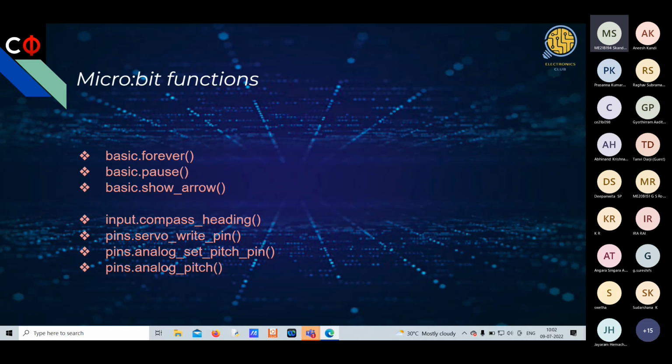So basically, before the dot, whatever has been given is your object, the object on which these functions apply. Basic is an inbuilt object of the language that pertains to your microbit board. Pins is an inbuilt object that pertains to the pinholes that we saw previously.